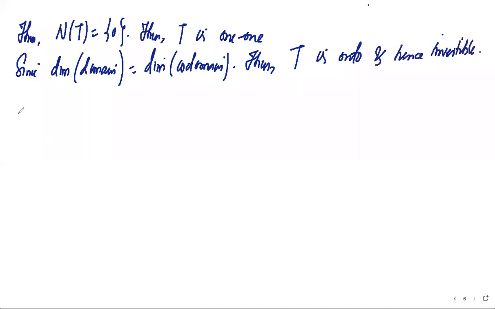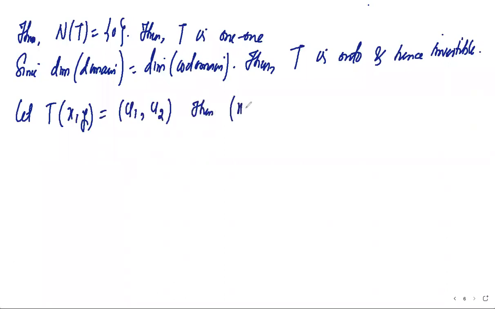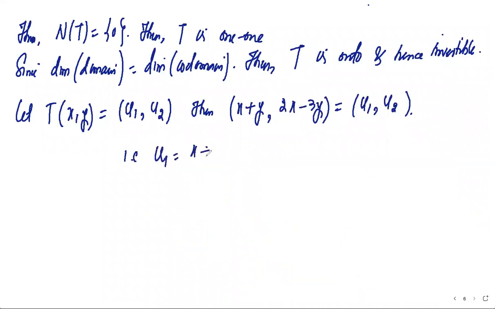ठीक है. So now let T of (x, y) is equal to (u1, u2). So then (x plus y, 2x minus 3y) is equal to (u1, u2). So that is u1 is equal to x plus y and u2 is equal to 2x minus 3y. ठीक है?